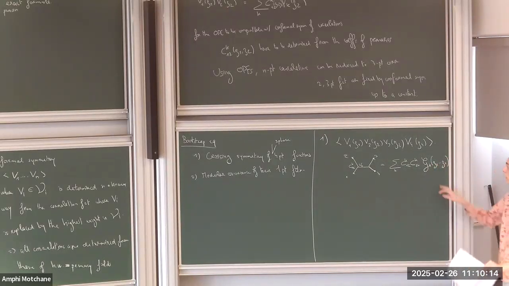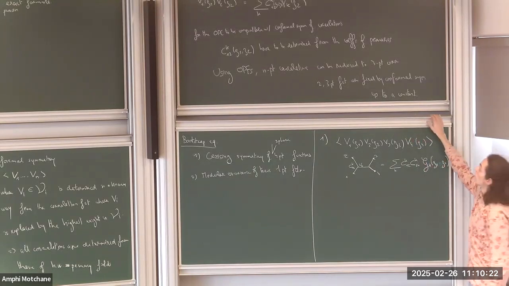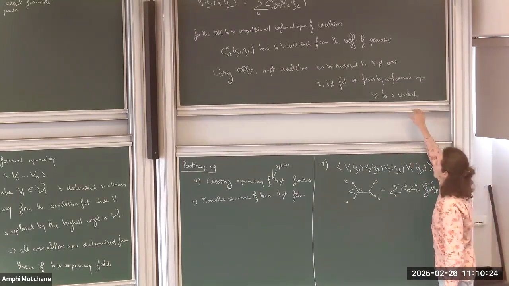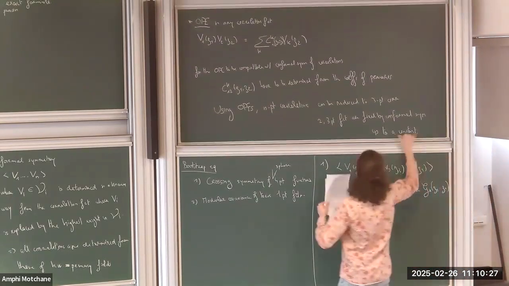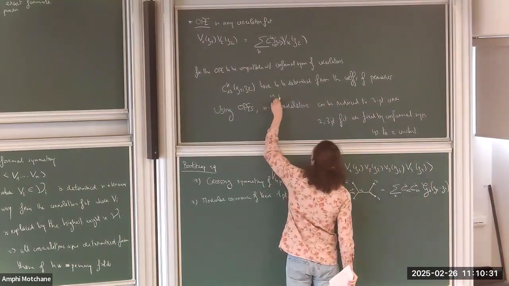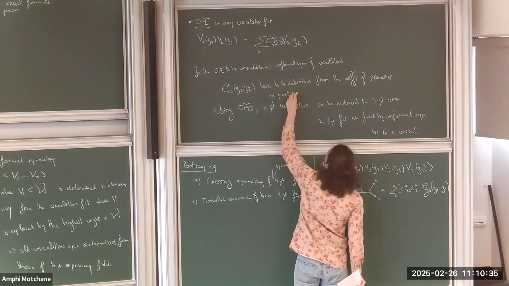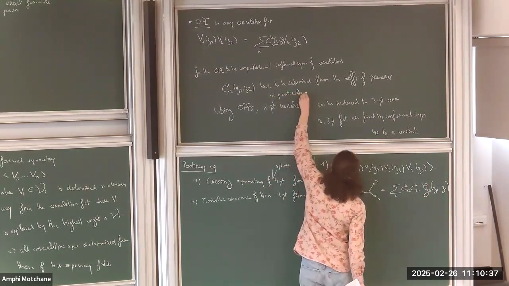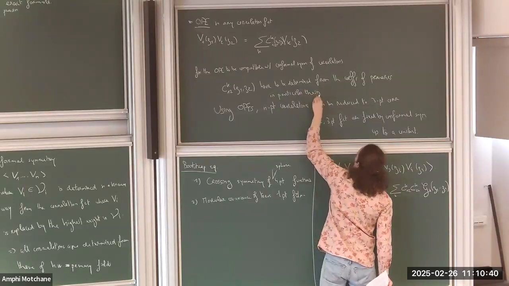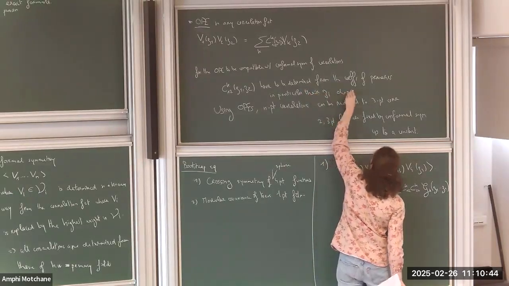And I should stress that this function is completely determined because the C_K12 had to be determined from the OPE of the primaries, and in particular the z dependence is fixed, it's known.